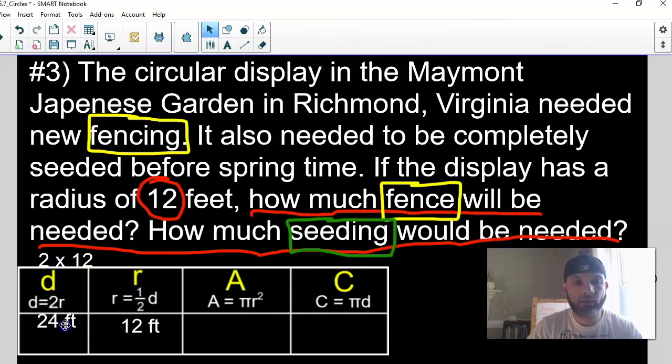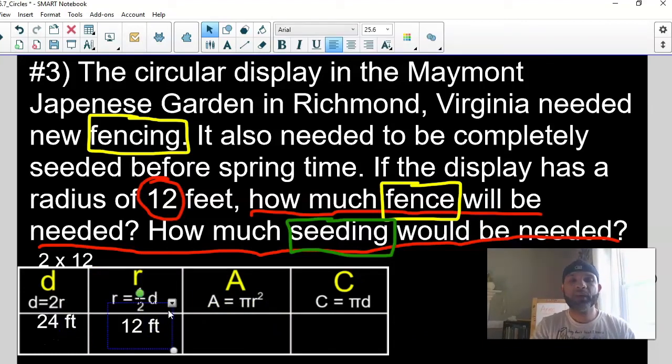Now we've got to do both of these to get the answer to this question. The area is pi times the radius squared. So it's this guy, and we're going to square it, pi times the radius squared.